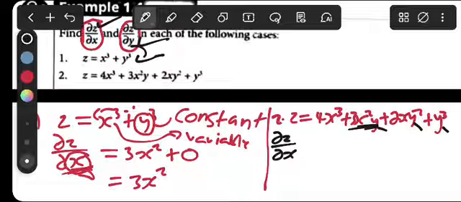So this will simply become, you drop the exponent, 4 multiplied by 3x, minus 1, there the exponent will be 2. Plus, you drop the exponent, 3 multiplied by 2x when you minus 1. Y is simply a constant, you write it as it is.